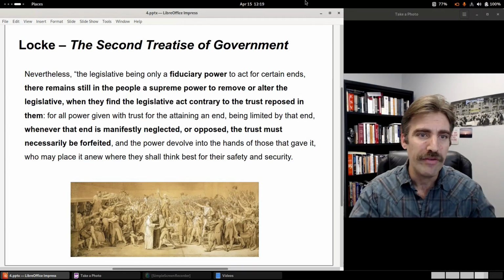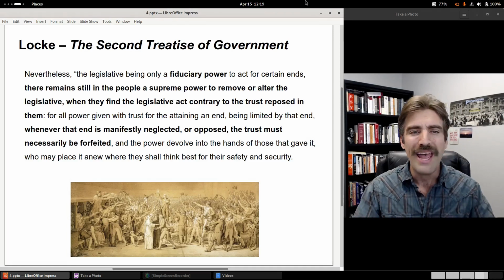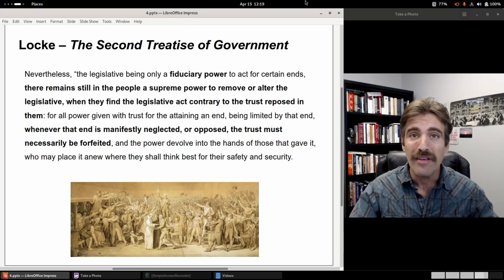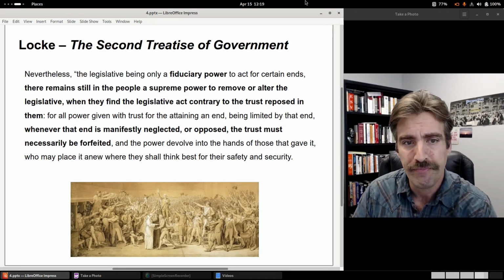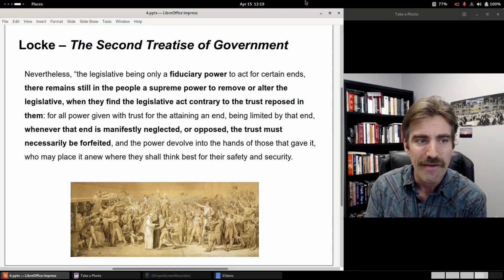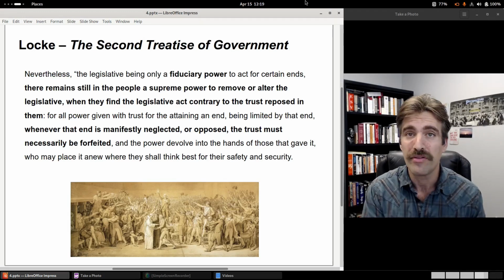For all power given with trust for the attaining an end being limited by the end, whenever that end is manifestly neglected or opposed, the trust must necessarily be forfeited, and the power devolve into the hands of those that gave it, who may place it anew where they shall think best for their safety and security."